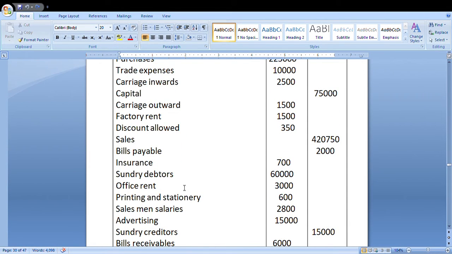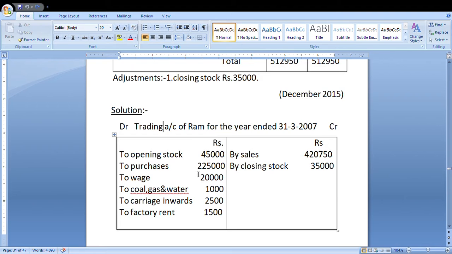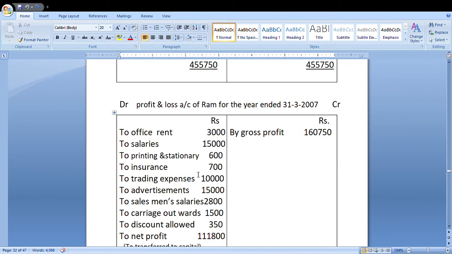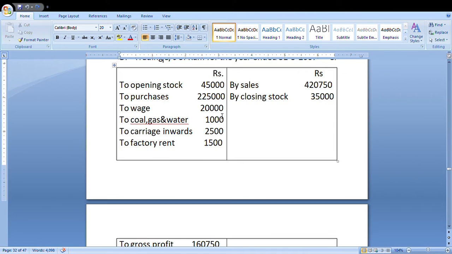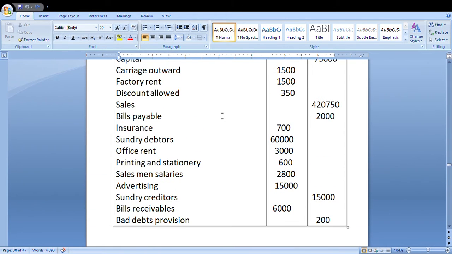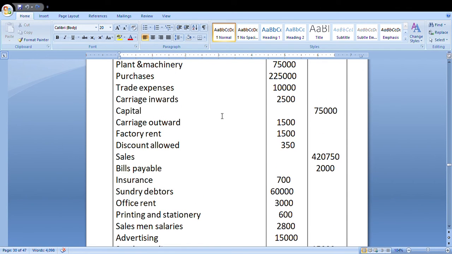To trading expenses. Next, carriage inward. This is already entered in the trading account.